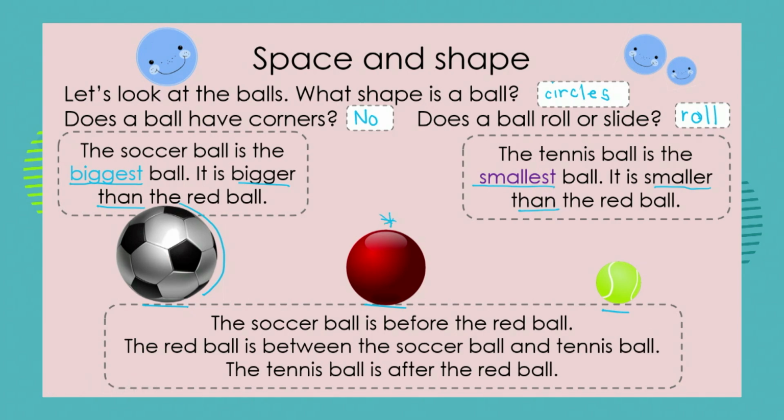So if you look at the two balls, you can see that the tennis ball is smaller in size than the red ball. The soccer ball is before the red ball. The red ball is between the soccer ball and the tennis ball, and the tennis ball is after the red ball. So if we look at this sentence, we can see that here is the soccer ball and here is the tennis ball, and the red ball is between them.